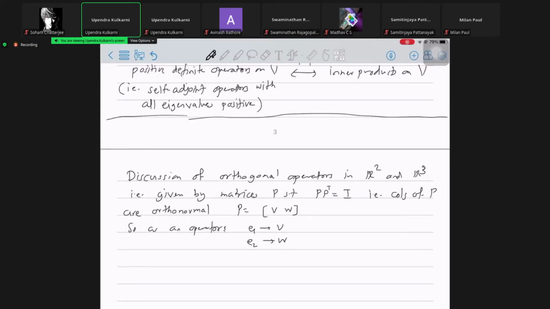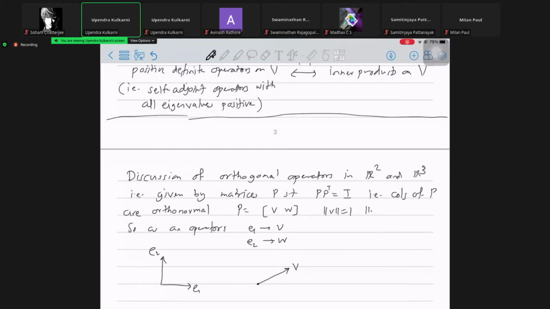So let's just look at this. This is E1 and this is E2. And let's draw a separate copy of R2. So the vector V is going to go somewhere. So let us say this is V. It has to go to a unit length vector, right? Because lengths are preserved. V and W are orthonormal. So where can W go? How many choices are there for W? 2. There are only two possibilities for W, right? So V must be perpendicular to W. So let me just write this down.